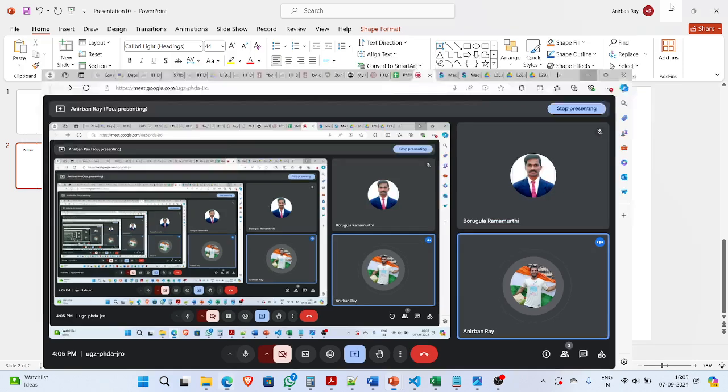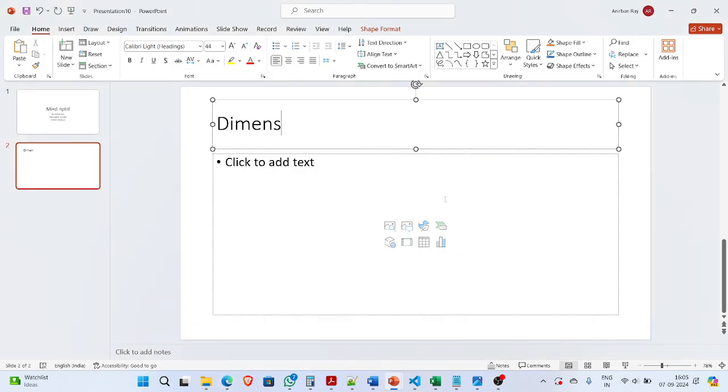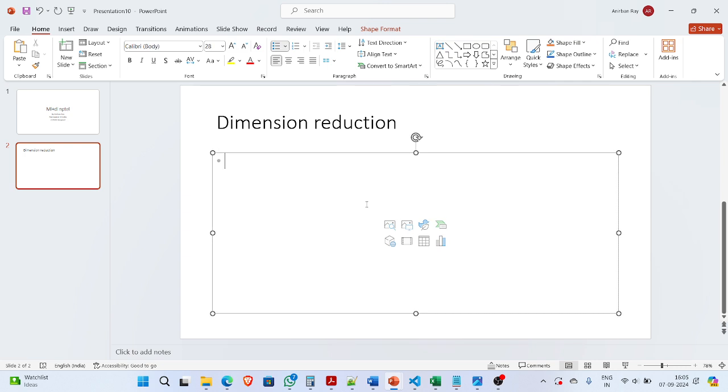Okay, let's continue. We're focusing on dimensionality reduction. There are two main ones, that is principal component analysis and linear discriminant analysis.